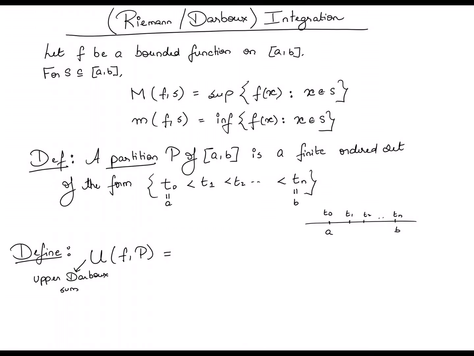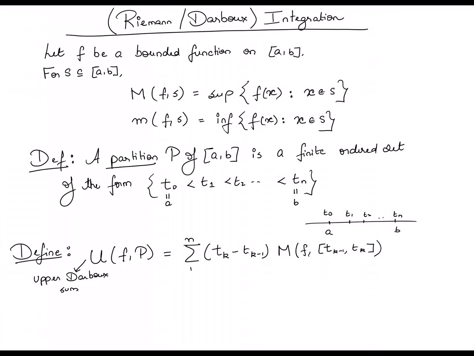Right, and it's going to be defined as summation from 1 through n of tk minus tk minus 1. This is the width of the kth subinterval times the supremum of the function values taken over the kth subinterval, M of f comma tk minus 1 to tk.